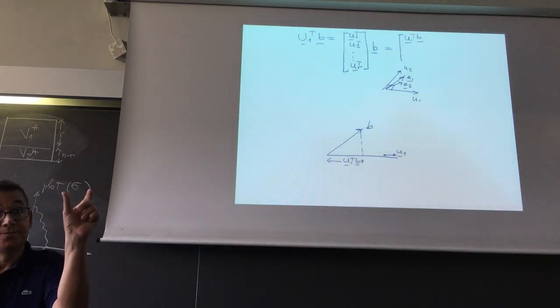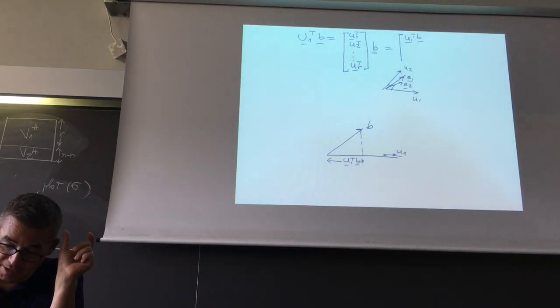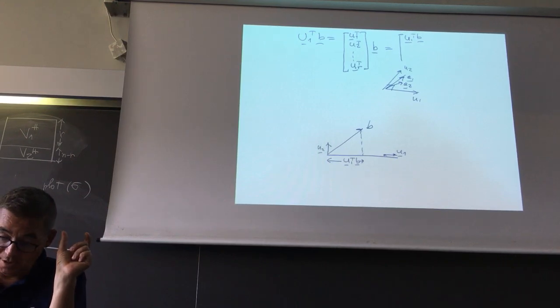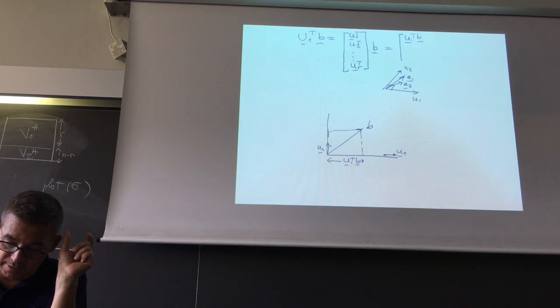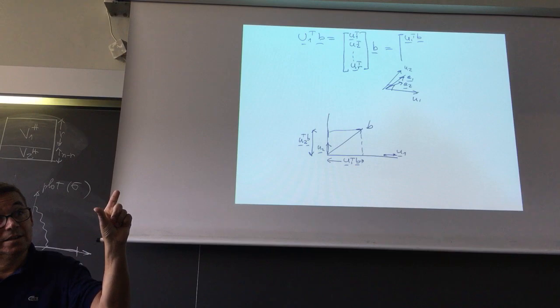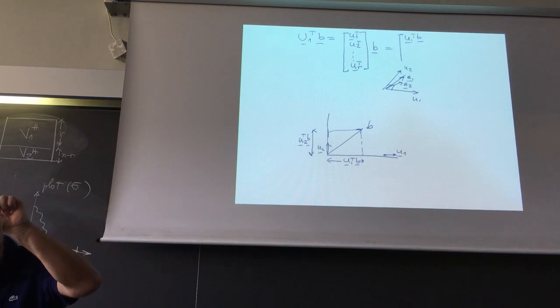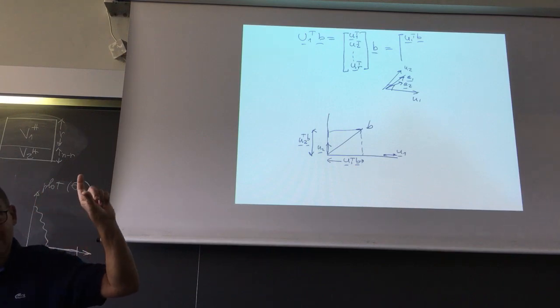So this is U1 transpose B. That's a length. And then if my second vector U2 is pointing in that direction, this length is U2 transpose B. U1 transpose B is a length. It's not a vector, it's a length.